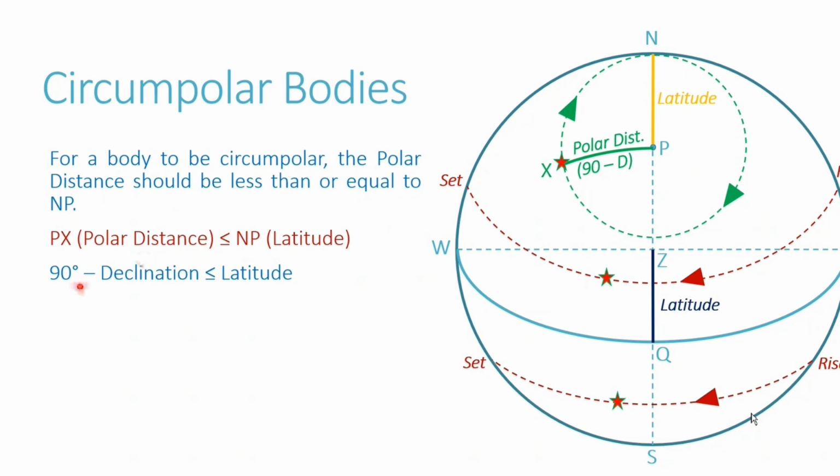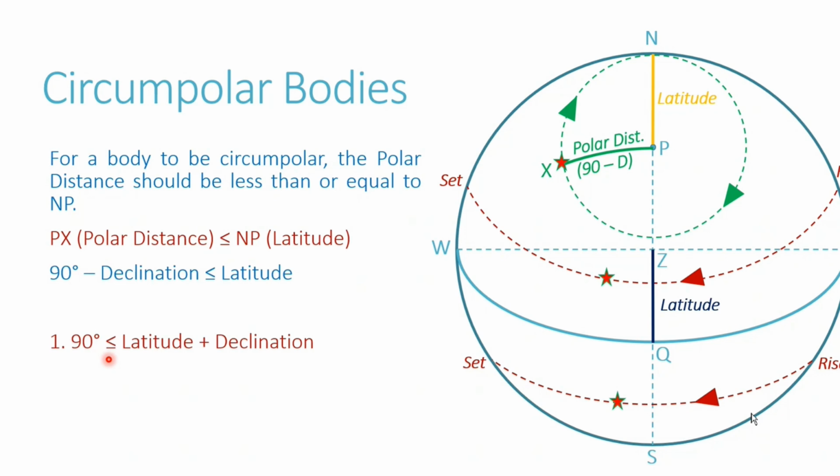Now polar distance is equal to 90 minus declination. So this converts the relationship into 90 minus declination should be less than or equal to the latitude of the observer. Now, if I take declination to the right-hand side, the relationship becomes latitude plus declination should be greater than or equal to 90 degrees.